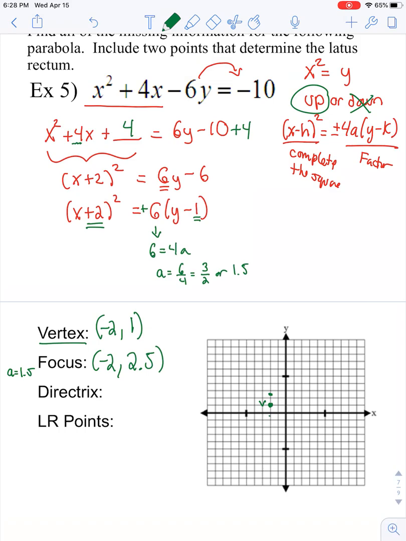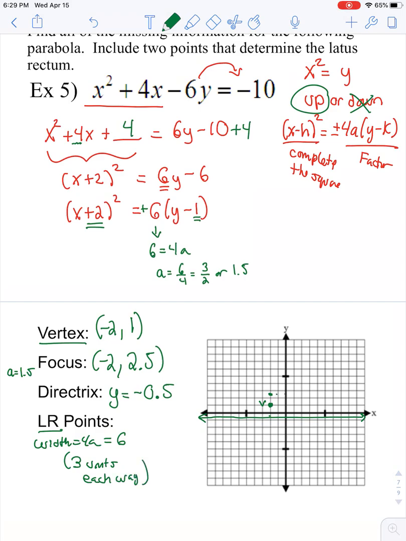My directrix is going to be down 1.5 units, so that's going to put my directrix at y equals -0.5. My focal width is 4a, and my 4a value is 6, so I'm going to go 3 units each direction.